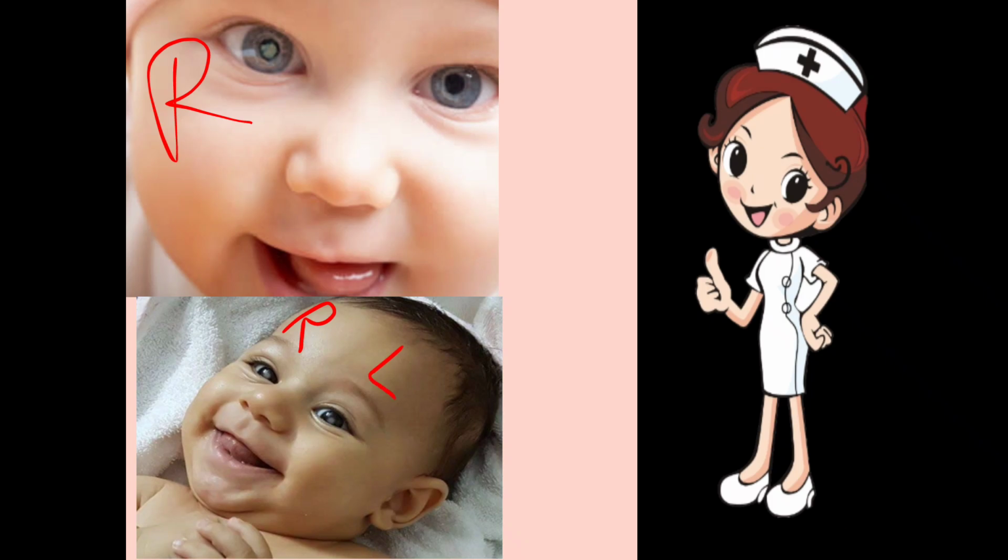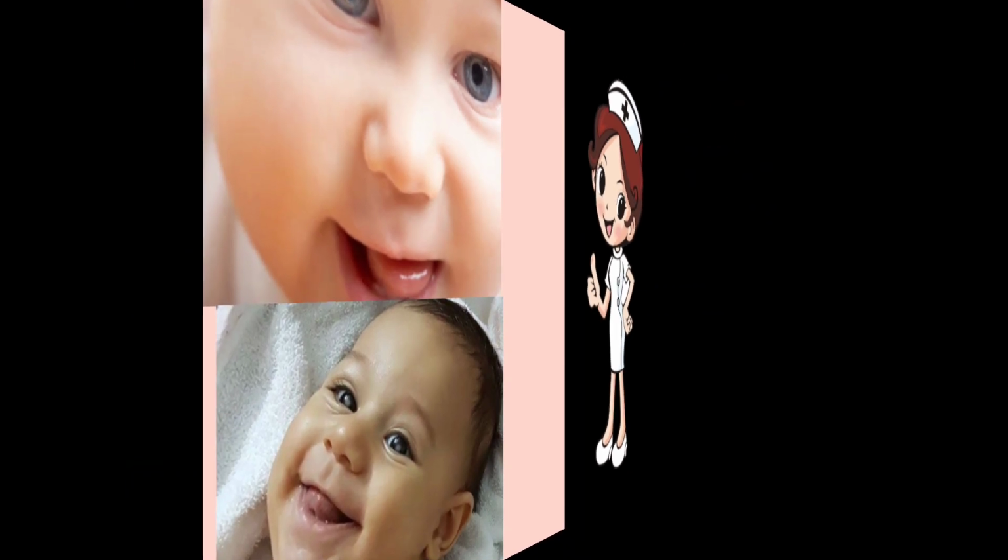A whitish reflection is seen, so in this case the child has cataract in both eyes. Sometimes it may develop in one eye and sometimes in both eyes. Okay, and it needs to be surgically removed as it interferes with the vision, and it is very important.